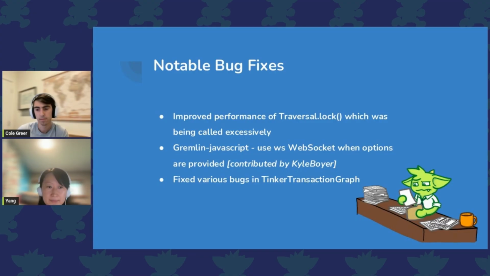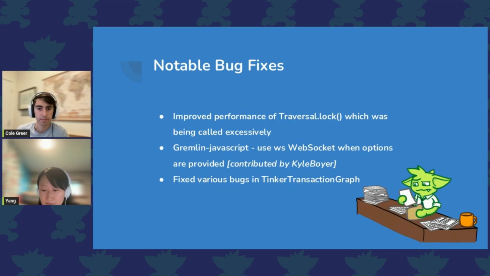Thanks to Kyle Boyer, that is now fixed. The headers are now passed in properly, so it should work well if you're working with the JavaScript client on Node 22.